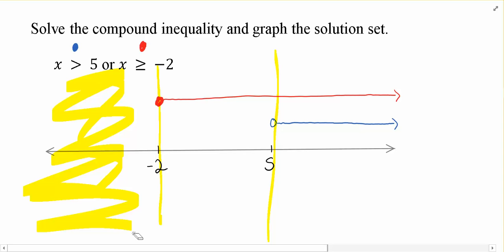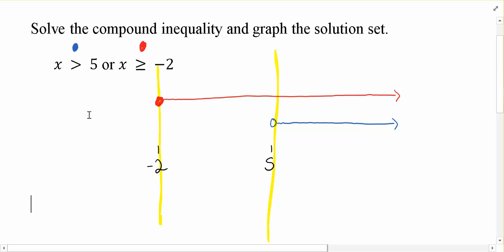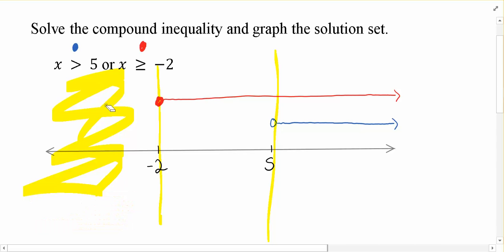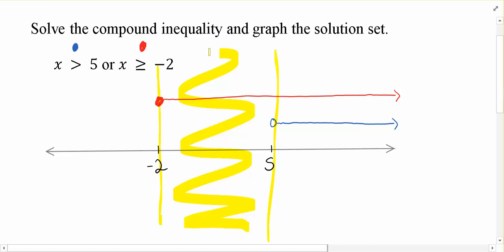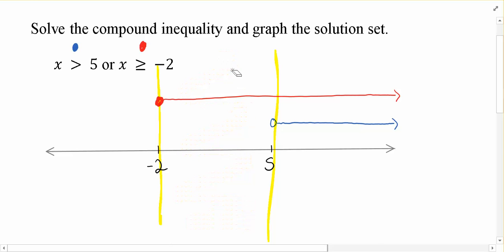I do not. That left chunk does not have blue or red. So we're not going to include him in the final answer. But if I look at the middle, do I have blue or red here? Well, yes, I do have red. So that means I want to include the middle in my answer.